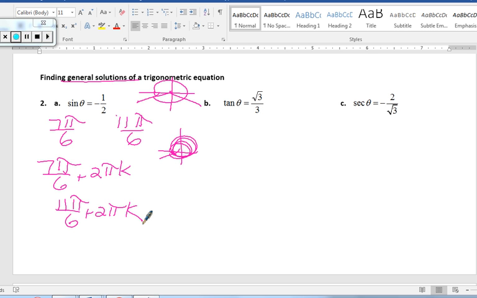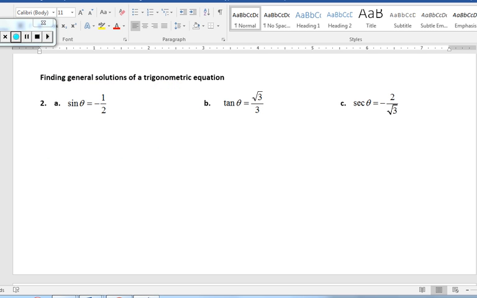All right, so for B, we're looking to see what angle is going to yield root 3 over 3. For that here, our two angles would be pi over 6 and 7 pi over 6. Now, if you look at these two angles here, pi over 6 here and 7 pi over 6 here, they're exactly a half a rotation away.